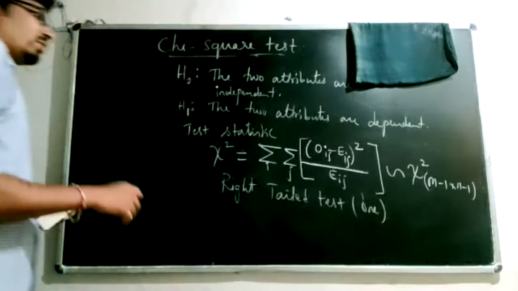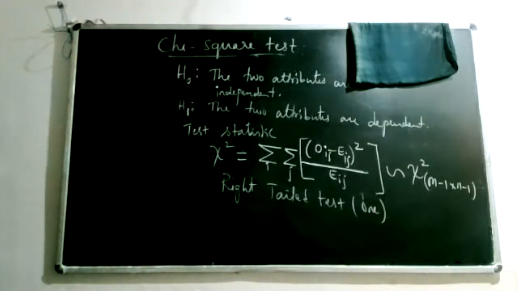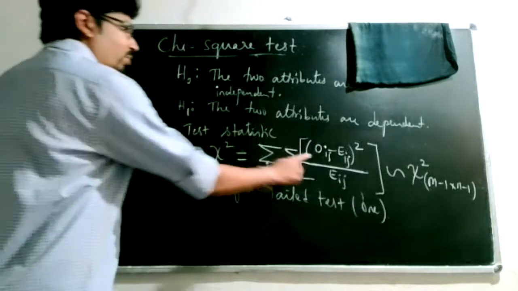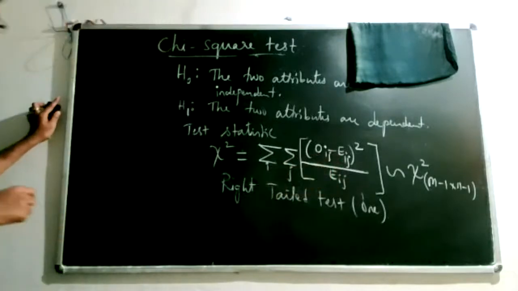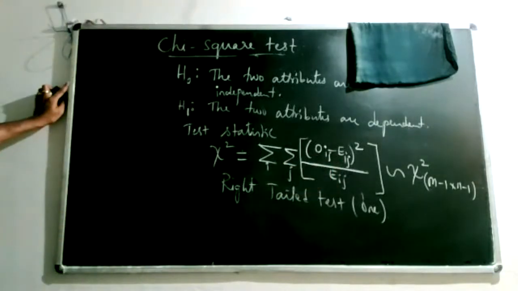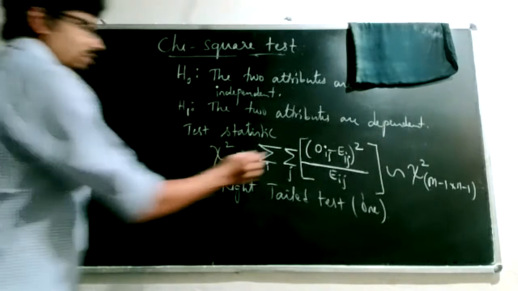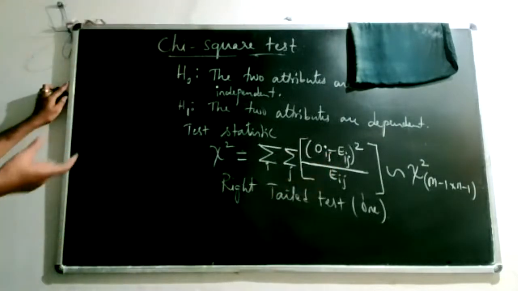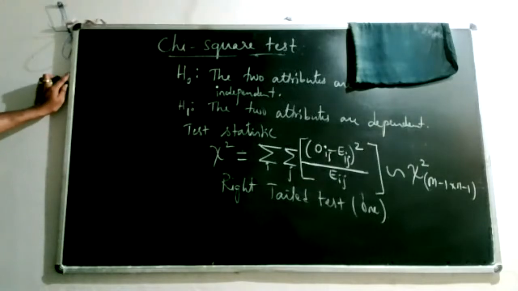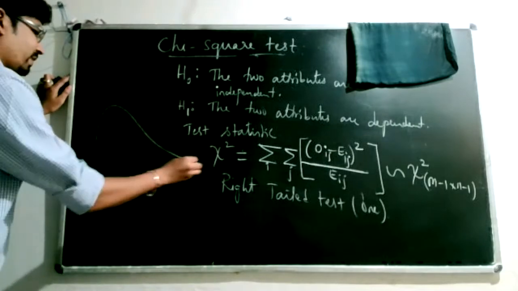The reason is we are looking into the proportion, and we have enough information to conclude that this is true, provided there exists a significant difference between O_ij and E_ij. If the values of O_ij and E_ij are respectively closer to each other, then that shows they are independent, or there exists no gap, they are almost the same. So we say that the test is always a right tail test.